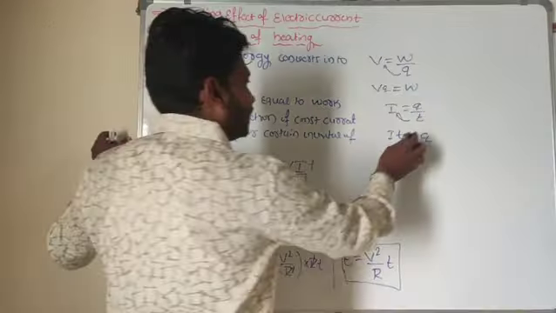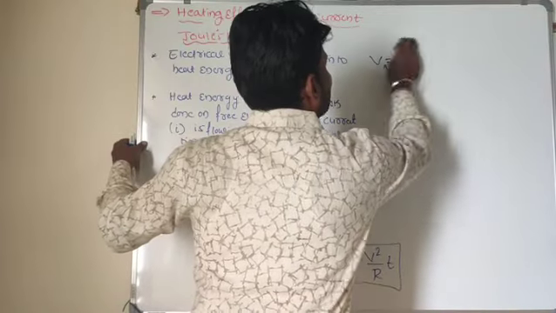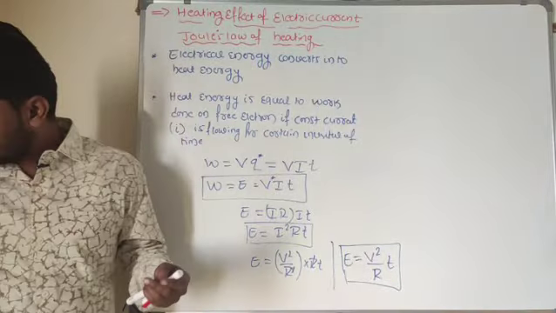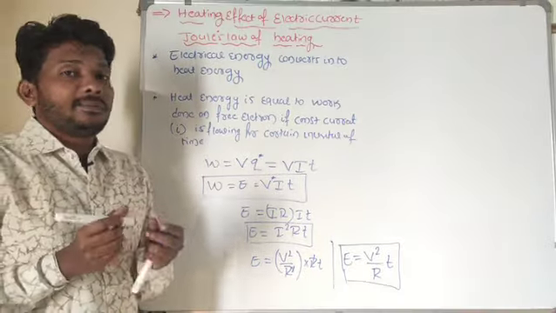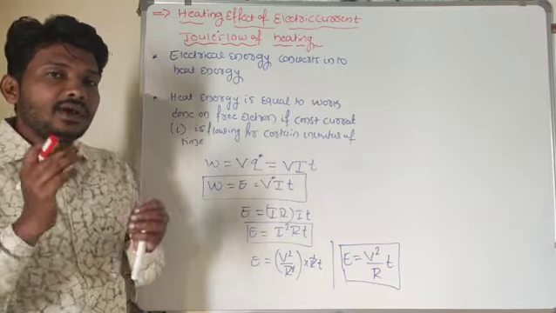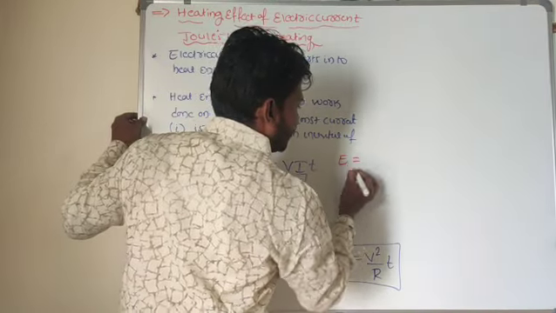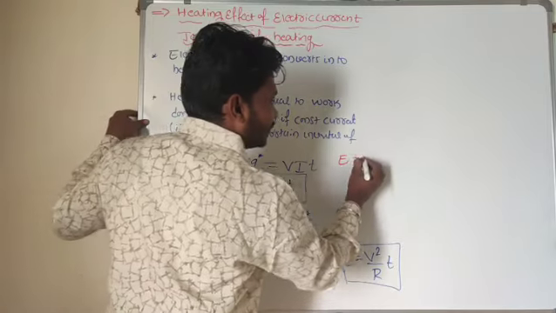So in case of electrical energy, whenever electric current is passed through the conductor, then the conductor will heat up here. So electrical energy converts into heat energy here. What is the formula for that energy here? Energy is equal to, what is the first equation?